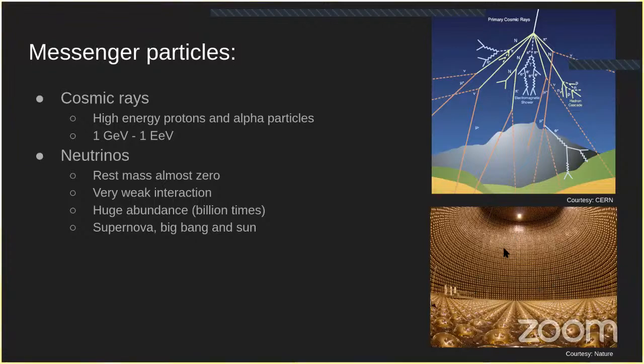Even though such a big facility is available, the number of neutrinos detected is very small because they interact so little. Again, these are formed in supernovae and the sun, and they give you an estimation of what's happening in the early universe as well, because even the Big Bang would have produced some neutrinos.